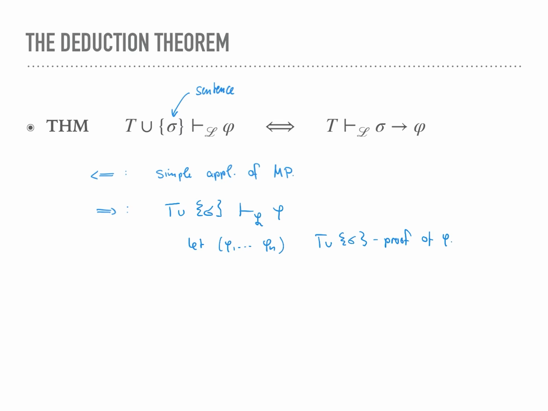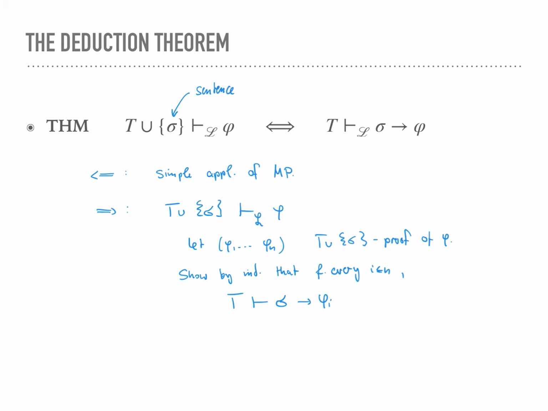And the way this proof then usually works is that you show by induction that for every i less than or equal to n, T proves sigma implies phi i. So you work your way through the proof and show that at each step of the proof, you actually have this implication provable from T.